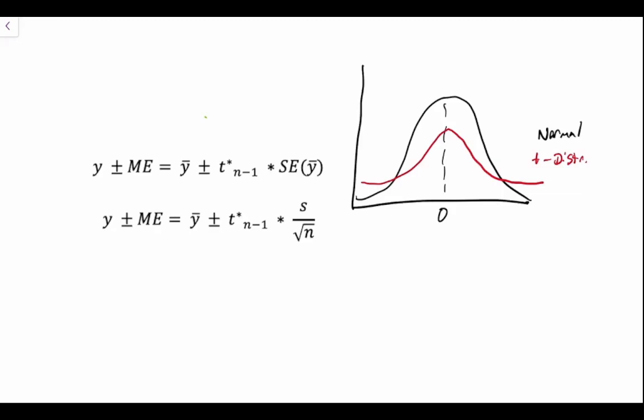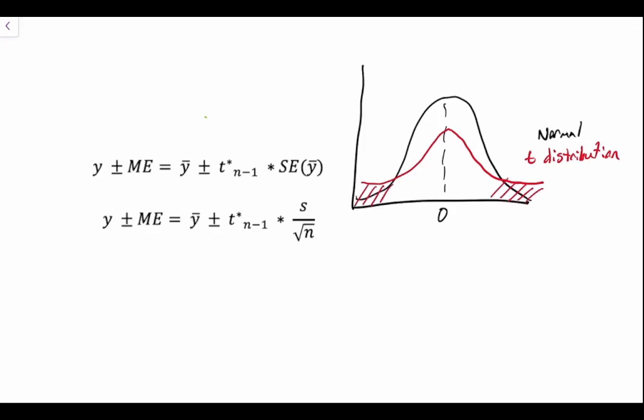So our t distribution, the difference between the normal and the t distribution being that our t distribution has thicker tails, so there's more uncertainty in the tails of our distribution.